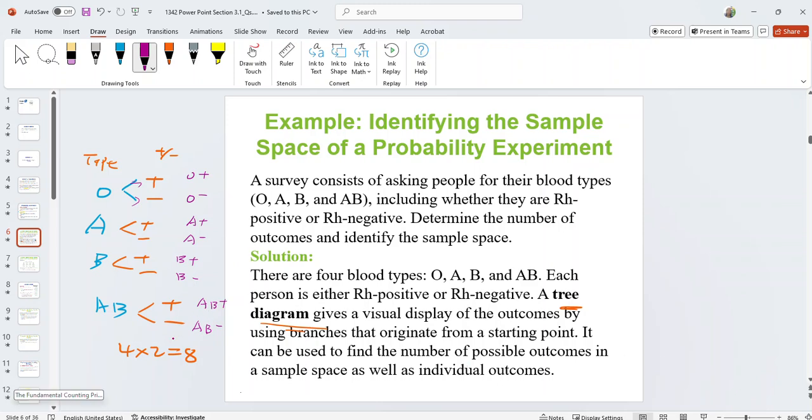If you do the detailed tree, you can add them, but when we don't do the tree diagram, we just multiply them together. So 4 times 2 will be 8. This is 4 types, and each one has 2 types, so 4 times 2, you will get 8 possible outcomes. And this 8 is called a sample space.